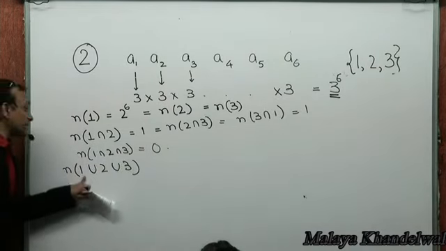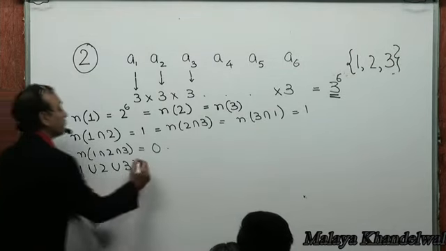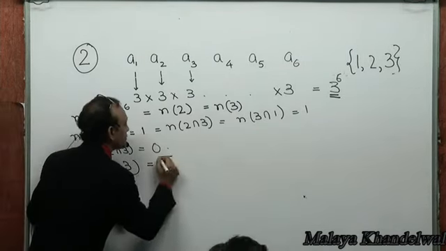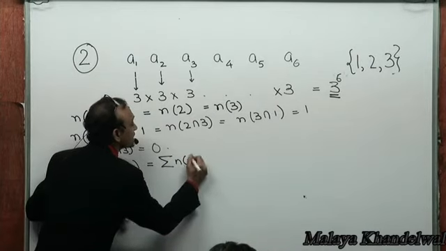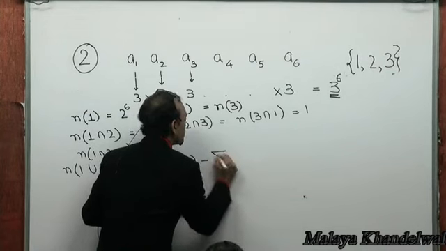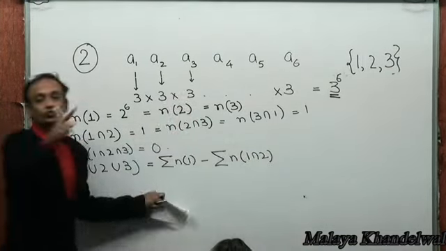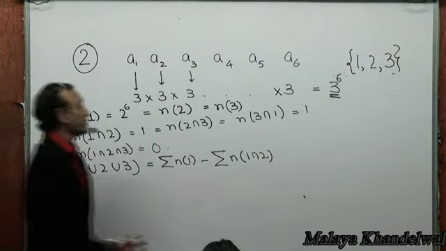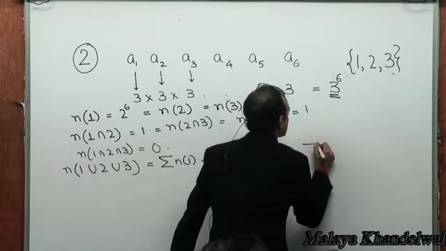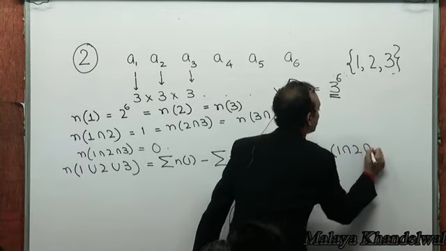So the number of these numbers that don't contain 1 or 2 or 3, from the principle of inclusion and exclusion, would be summation n1, which means n1 plus n2 plus n3, minus summation n1 and 2, that means 1 and 2, 2 and 3, 3 and 1, and then plus summation n1 and 2 and 3.